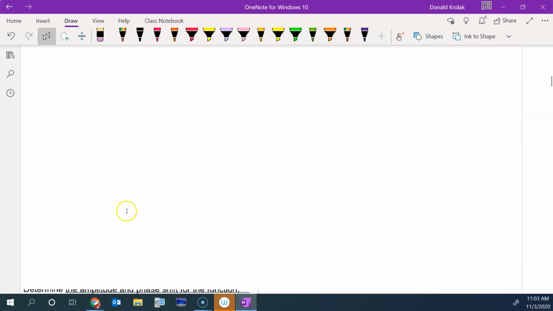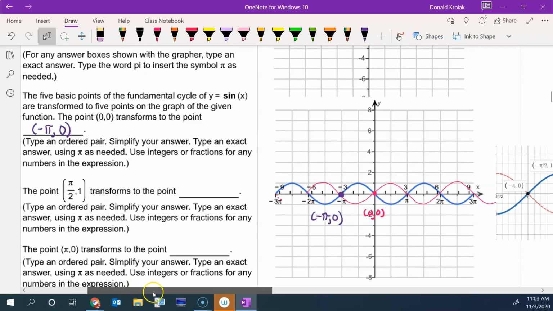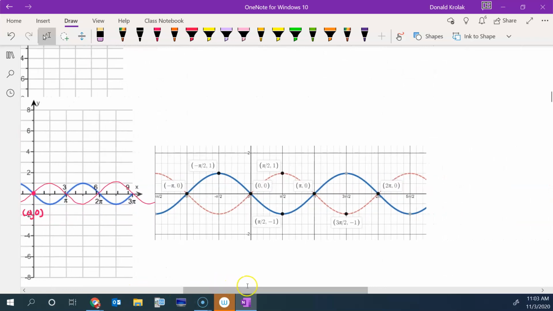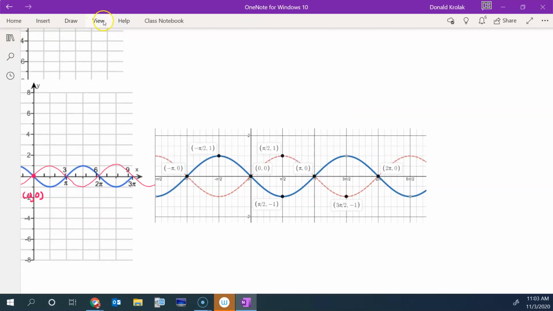Okay, so now you do the same thing for the next point here. The next point is pi over 2, 1. So if we look at, I made this earlier. Here's pi over 2 on the red graph.